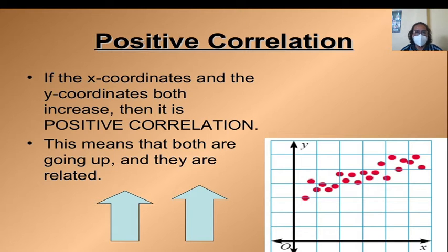Pag sinabing positive correlation, if the x-coordinate and the y-coordinate are both increasing. Therefore, ang tawag daw doon ay positive correlation. This means that both are going up and they are related.